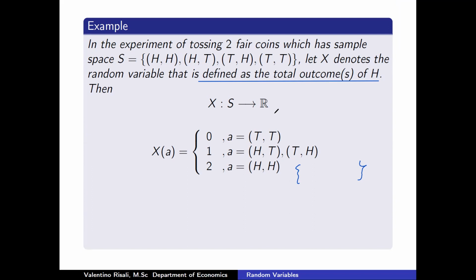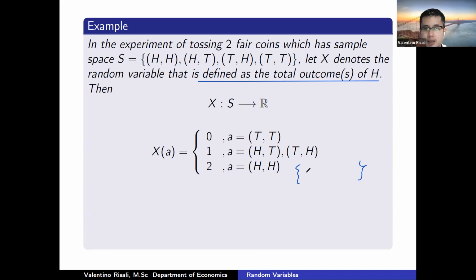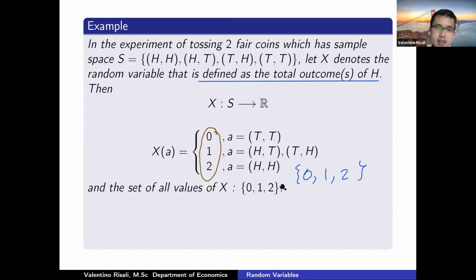Is it 0, 1, and 2? 0, 1, and 2. Right. Thank you. The set is {0, 1, 2}. It is enough to list all possible numbers here. Okay, thank you. The set of values is this set.